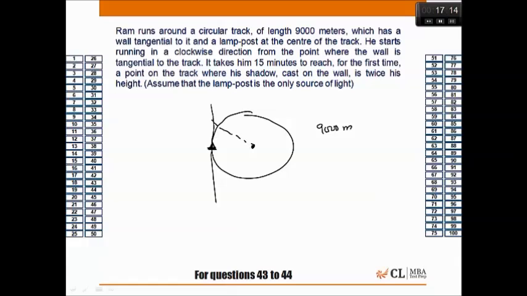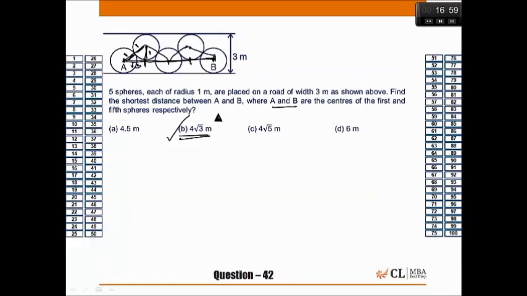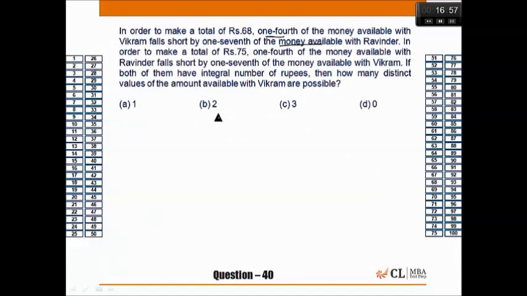He has reached a point where the shadow cast on the wall is twice his height. Oh, avoid. 43, 44 avoided. Okay, 40 we did, 41 we did. Okay, let's try this one.